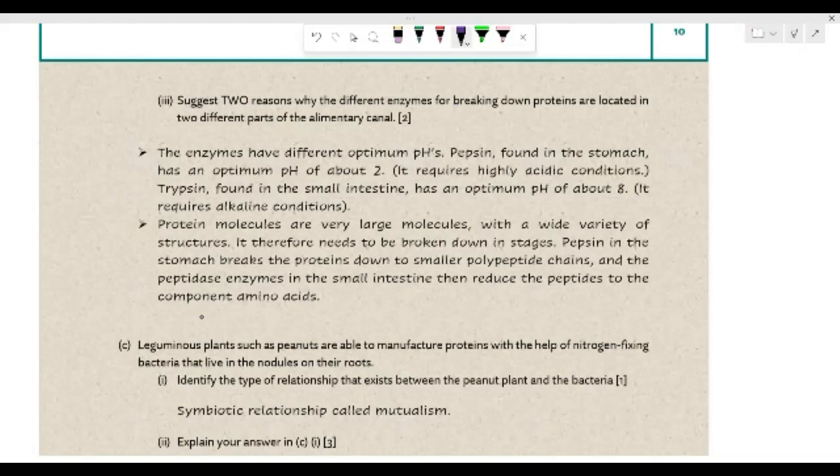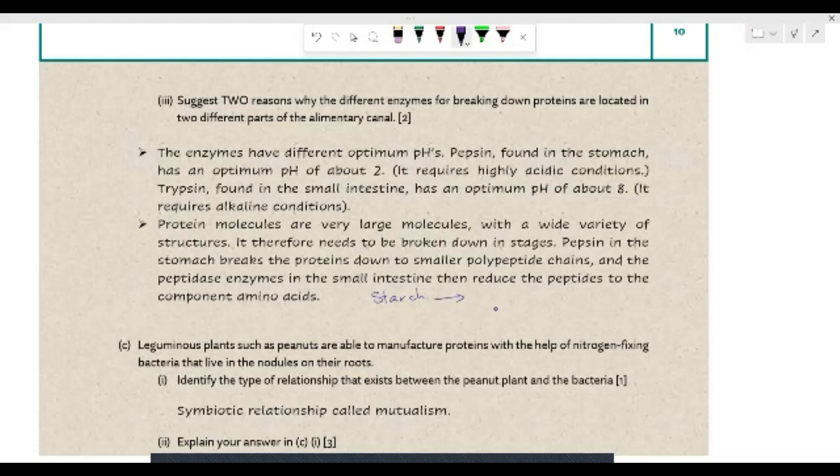So when we look at starch, which is probably the biggest carbohydrate, the breakdown process goes from starch to maltose to glucose, right? Straightforward. However, with proteins, you go from protein to polypeptides, right? So it breaks it down to polypeptide chains. Then you go to di or tripeptides.